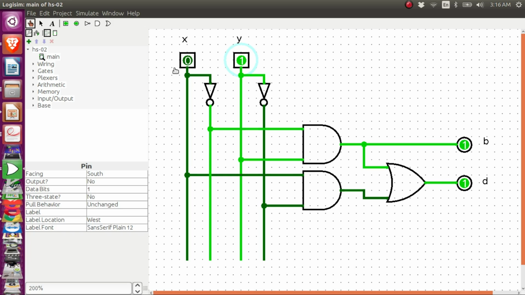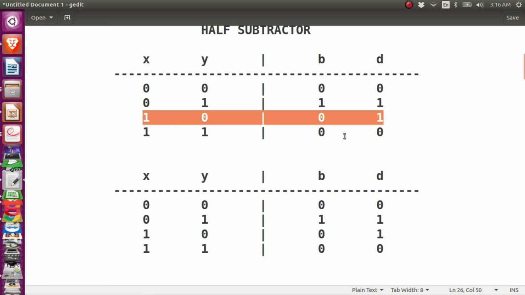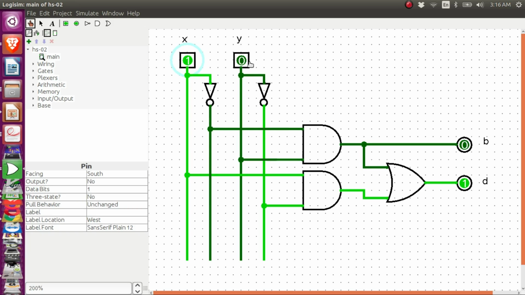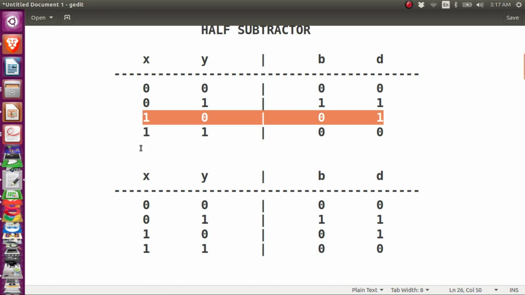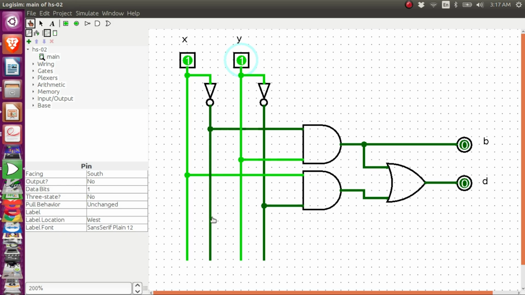And then if I change the input to 1 0, I get 0 1. And finally for 1 1 I get the output 0 0. So again, this is another logic circuit for the half subtractor.